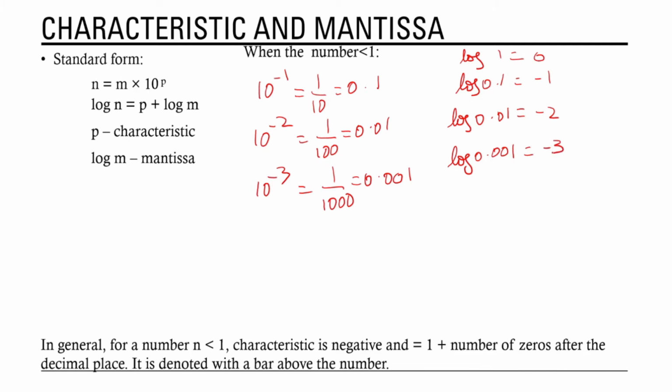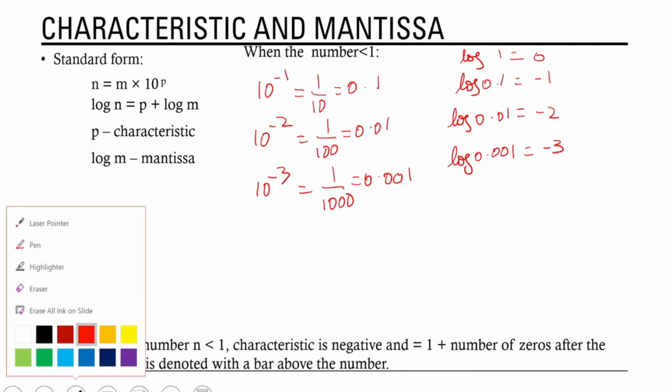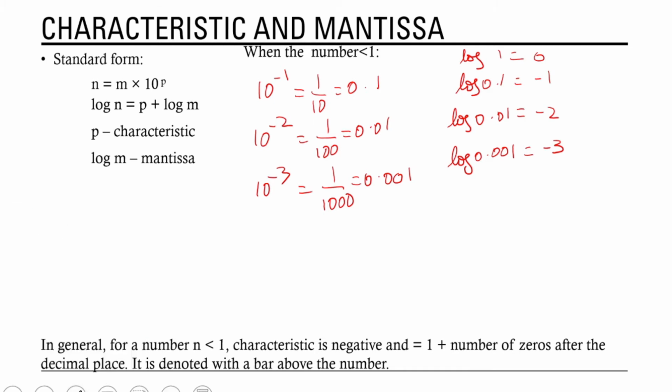So, similar to the case where we found the characteristic when the number is greater than 1, when the number is less than 1, if the number is between 1 and 0.1, the value of log is between 0 and minus 1.